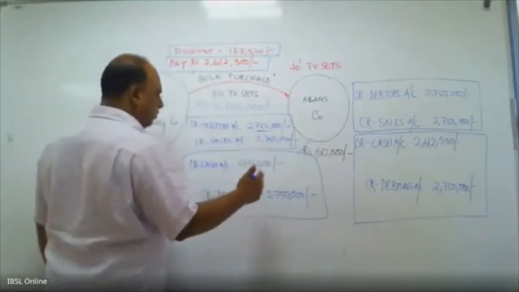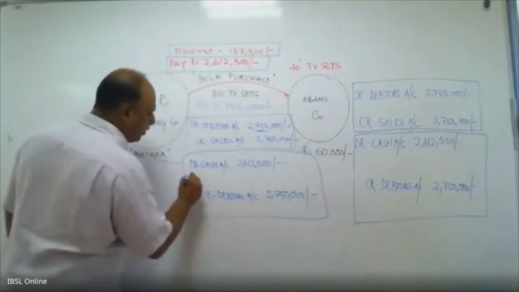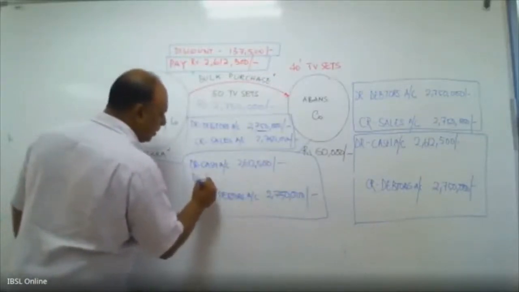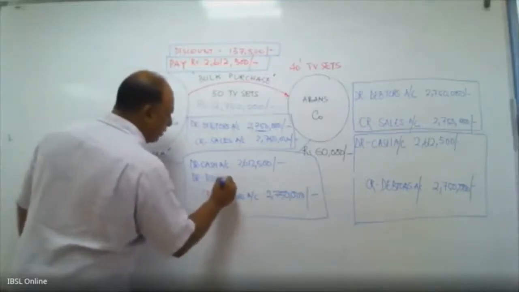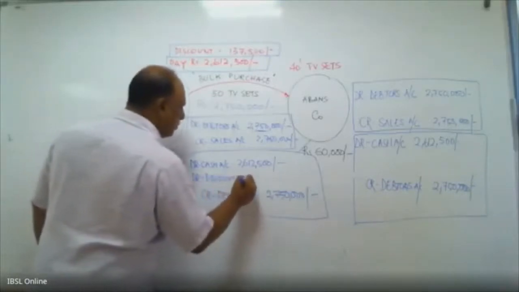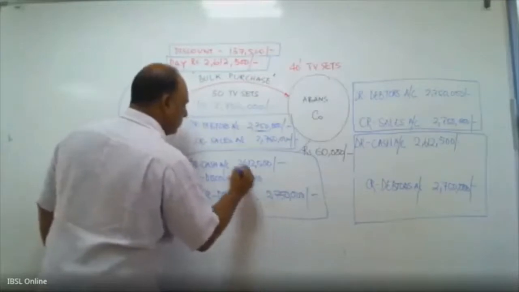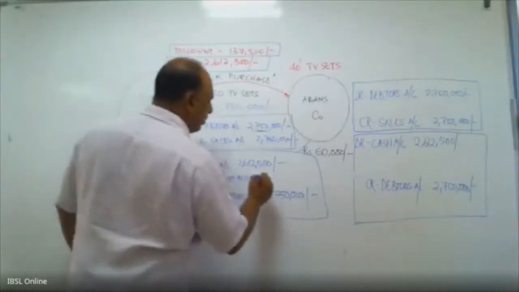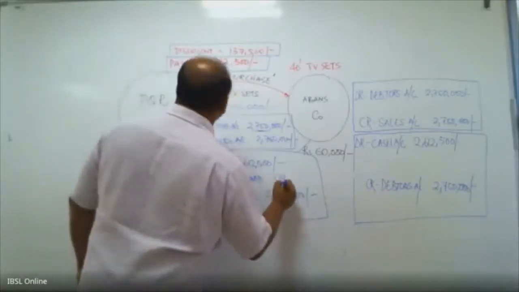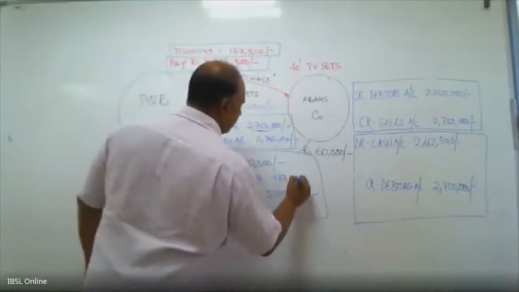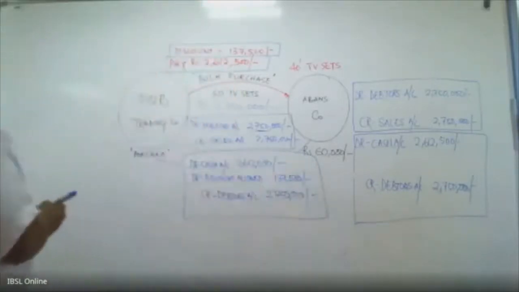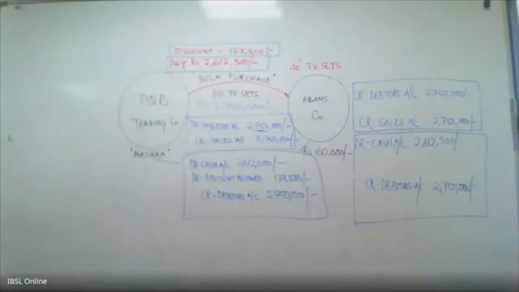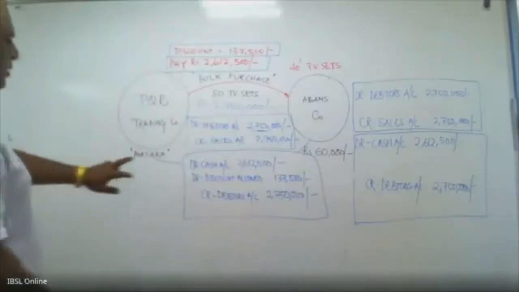So, what we will do is we will debit discount allowed account by 137,500. Now your double entries are equal. Why? You have two debits.